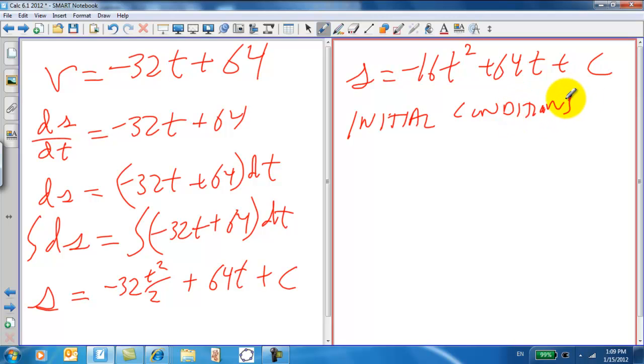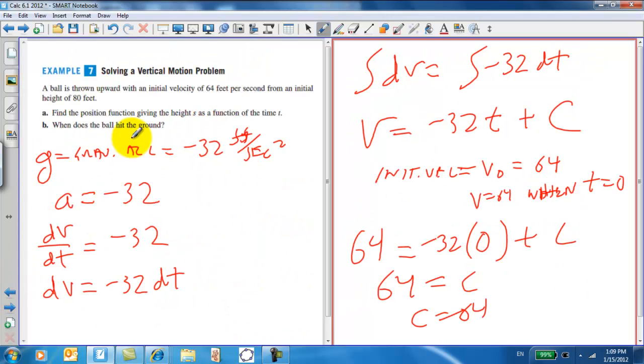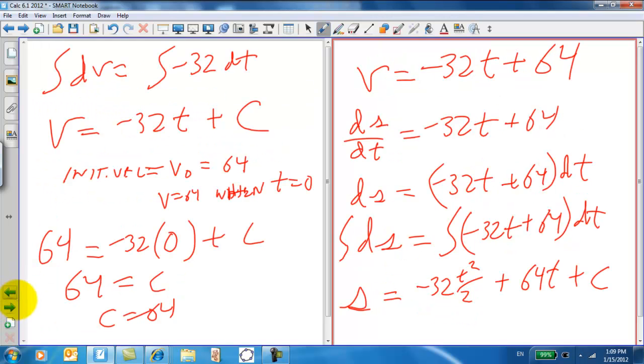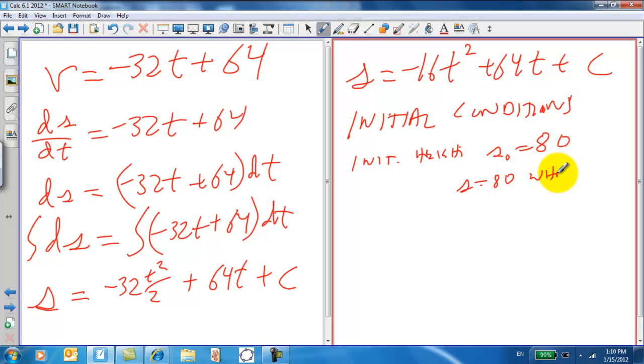The initial conditions are basically that at time equals 0, it says from an initial height of 80 feet. So you're just throwing this ball up. So the initial height, s naught, equals 80. That means s equals 80 when t equals 0.